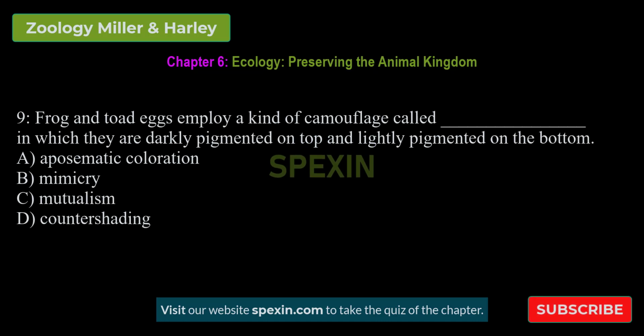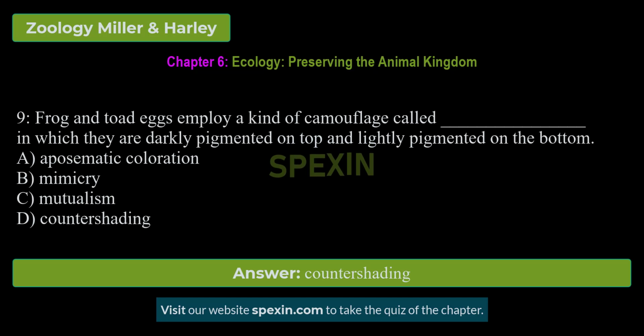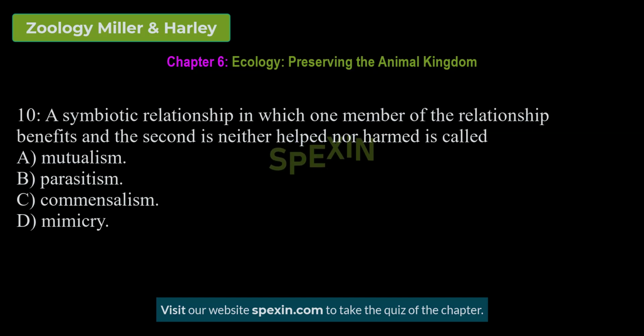Frog and toad eggs employ a kind of camouflage called dash, in which they are darkly pigmented on top and lightly pigmented on the bottom. Aposematic coloration, mimicry, mutualism, countershading. Correct answer: countershading. A symbiotic relationship in which one member benefits and the second is neither helped nor harmed is called mutualism, parasitism, commensalism, mimicry.